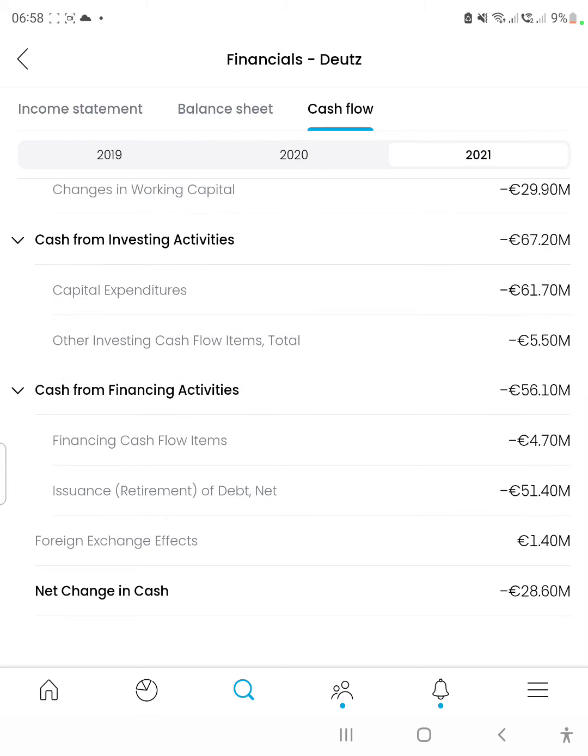It also performed certain functions really well in the 2021 financial year, for example, reducing its debt by quite a large amount. So we can kind of accept the negative net change in cash due mainly to the fact that it used a lot of its cash flow to retire debt.